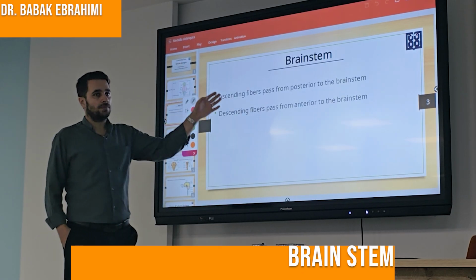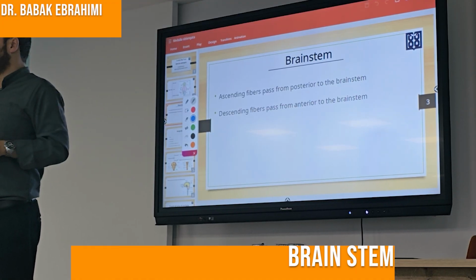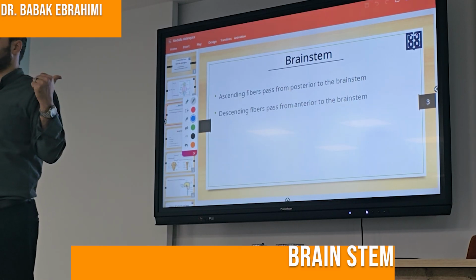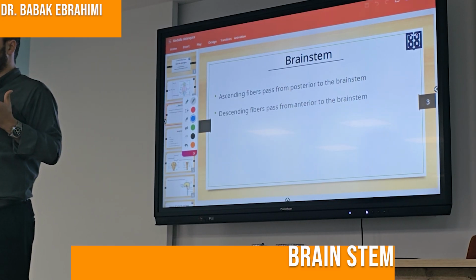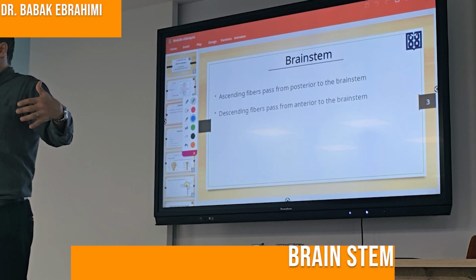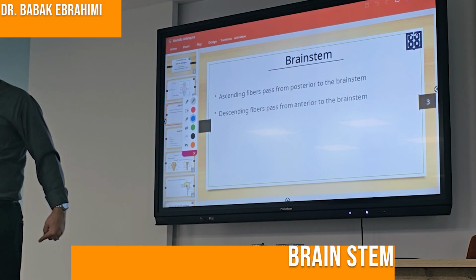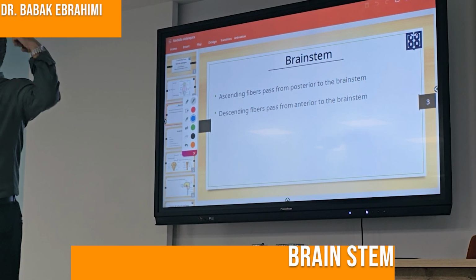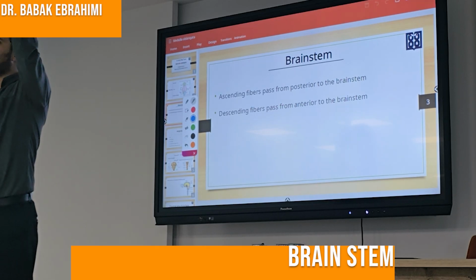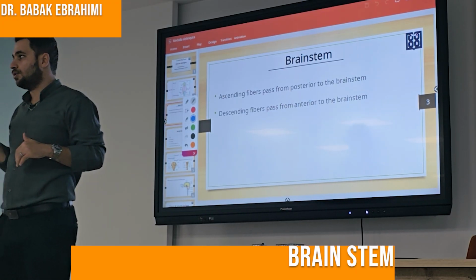Look at here. Imagine that I am the brain stem. I told you in the spinal cord, the sensory information pass from posterior or anterior? The sensory. Posterior. Okay? So the sensory information started at the posterior part of the spinal cord and also pass from posterior to brainstem, similar to spinal cord. And the ascending tract in the spinal cord was related to anterior horn or posterior horn?